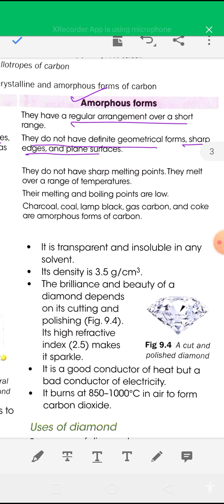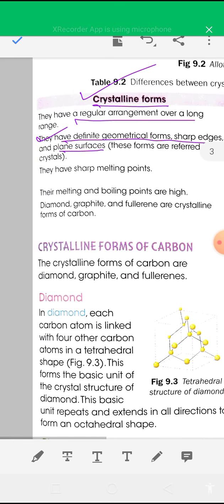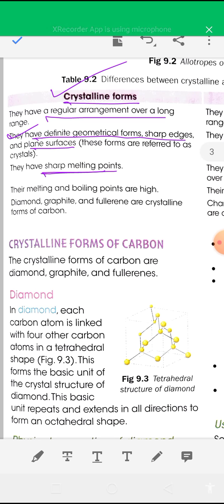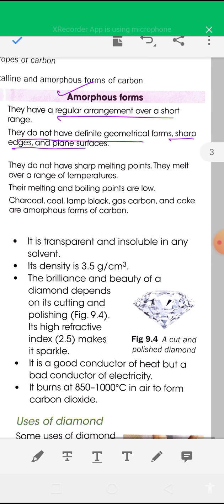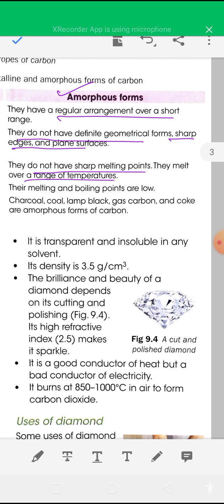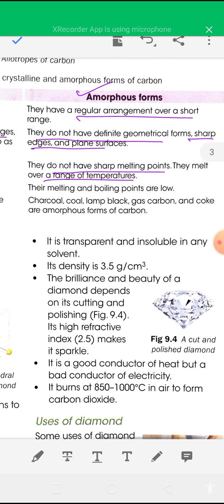Crystalline forms have a sharp melting point, but amorphous forms do not. They melt over a range of temperature, and their melting and boiling points are low.